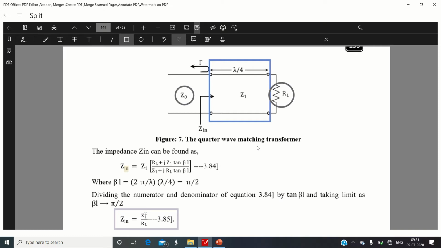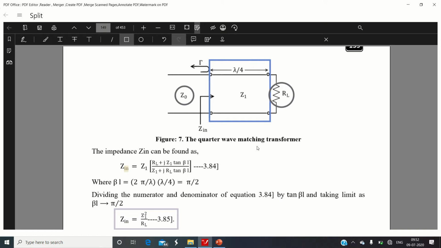So the main and only disadvantage of this particular quarter wave technique is that it is normally utilized whenever the given load impedance has only a real value. But if the given load impedance is complex, then we can still make use of the quarter wave transformer technique, but in that case we need to make certain modifications.